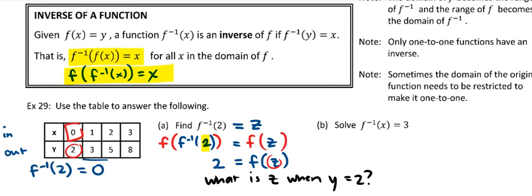Now, moving on to part B, I will use the same idea. Every time I see the inverse notation, I like to use the idea that when I compose it with its function, or its inverse, I get the argument back. So we can do the same thing with part B. I compose f with f inverse, doing that to both sides of the equation.